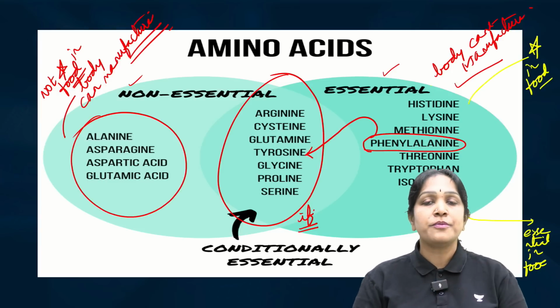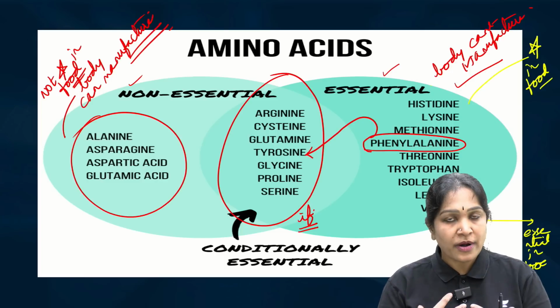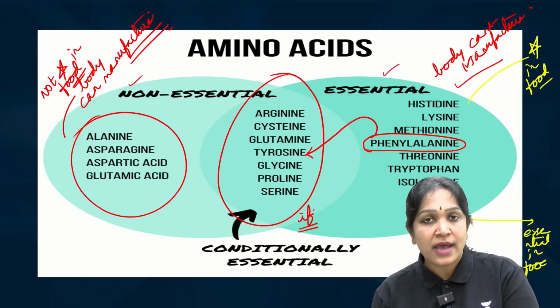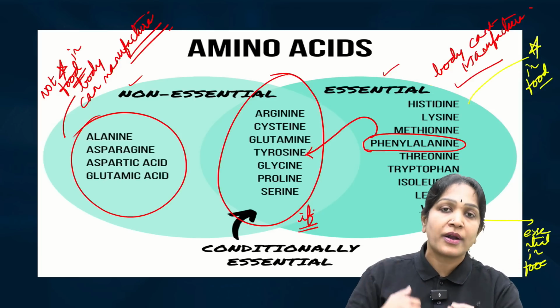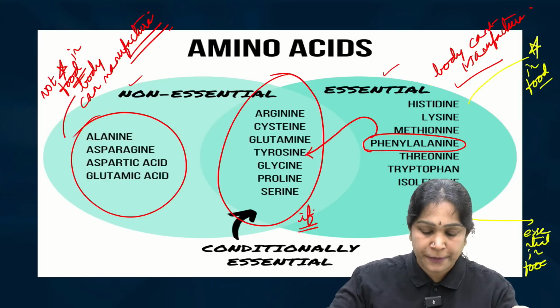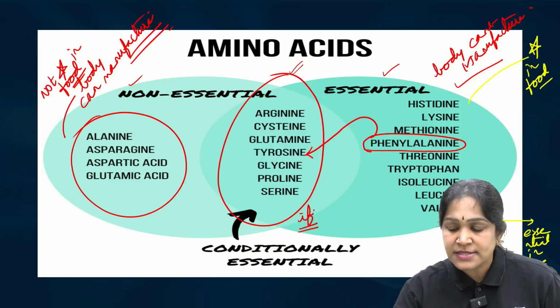First understand what you mean by essential. I will just repeat that point. For our body all amino acids are essential. So essential amino acids means the amino acids which our body cannot manufacture, so they are essential in the food. These are conditionally essential, meaning there is an if condition there.